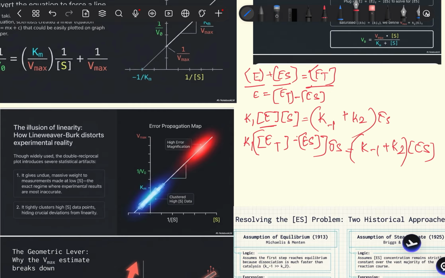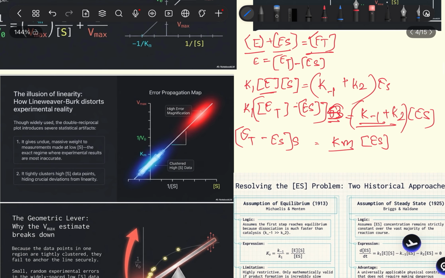Once I replace this whole thing, I am just reducing certain values. This would be S. Now, Km, I'm assuming this divided by this is Km to shorten the equation. Now what will happen is that take the entire ES towards this side.